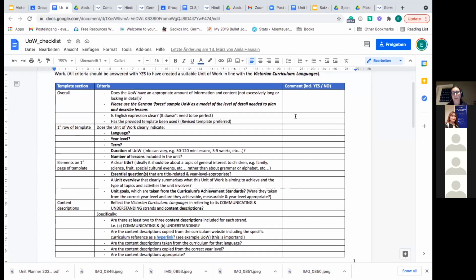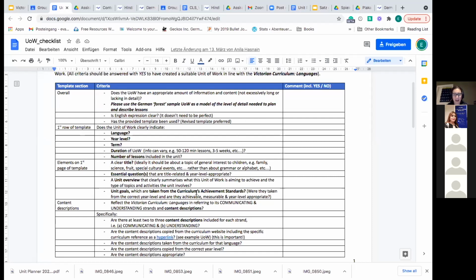And you have to imagine for the accreditation, they get hundreds of units of work to look through and assess. And if everyone is doing something differently, they go crazy. That will not work. So they need this template to make sure that they can see very quickly if you fulfill the criteria for this part of the accreditation or not.